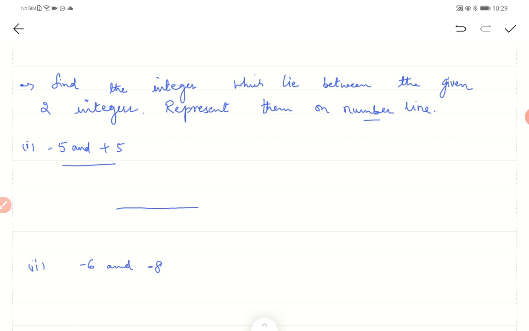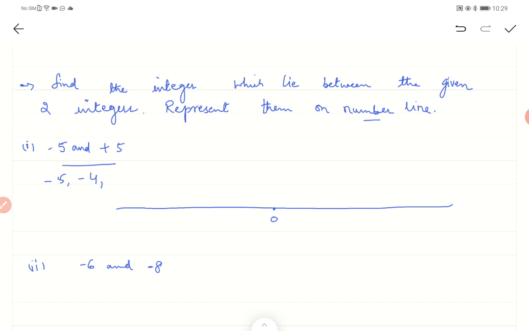Let me draw the number line. We want from minus 5 to plus 5. In the middle you will have 0. Okay, so the number after minus 5 is minus 4.